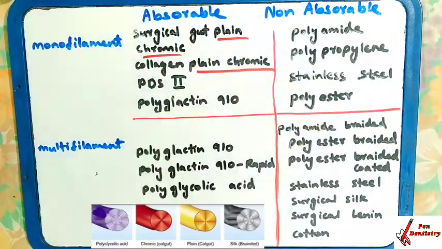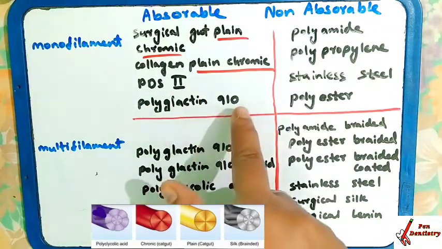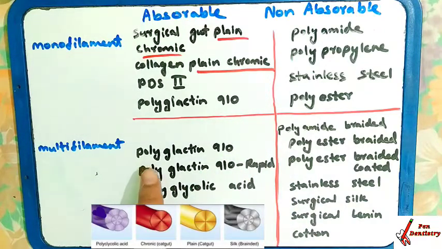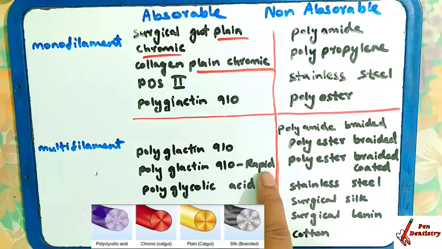Then PDS 2 and polyglactin 910. Again in multifilament, polyglactin 910 will be present, and again polyglactin 910, that is in the rapid form. And in the last one, polyglycolic acid will be there in the absorbable multifilament.